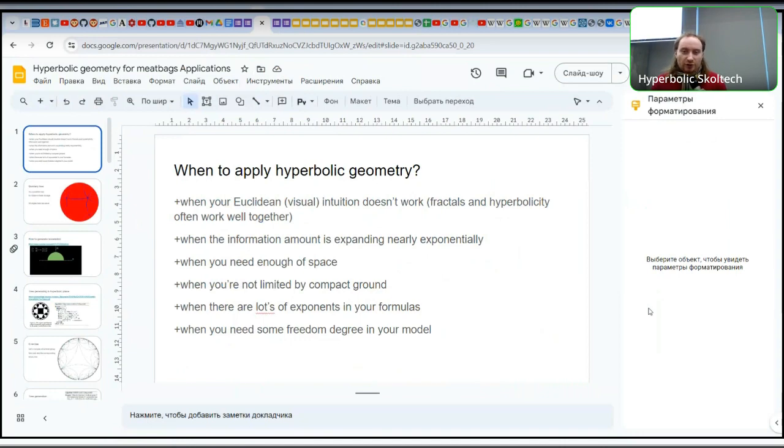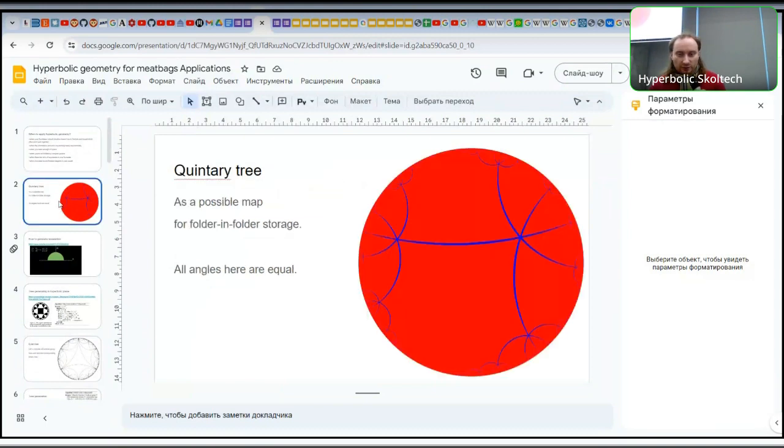Sometimes your Euclidean intuition doesn't work, and you use fractal geometry or hyperbolic geometry: when your amount of information is expanding exponentially, when you need enough space, when you are not limited by compact ground, when there are lots of exponents, and you need some degree of freedom in your model. Those are just some heuristic ideas.